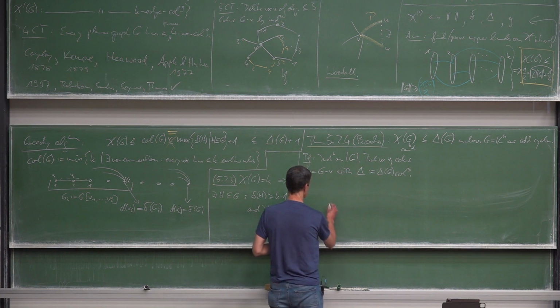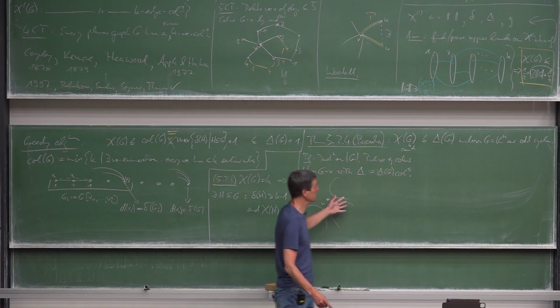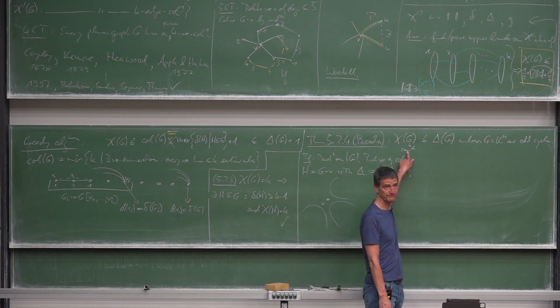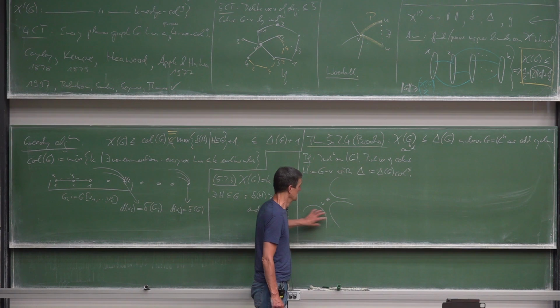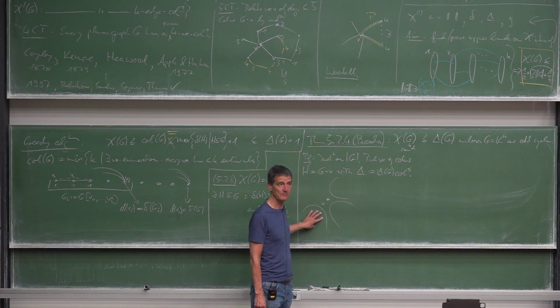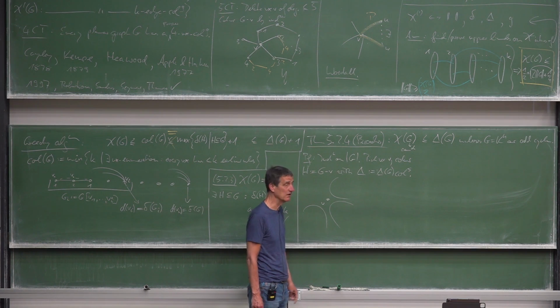So when we have v and we delete it, for a start, the rest might not be connected. Okay, that's not so bad. If we can color all the components with delta colors, then the union of these colorings is a coloring of H, which is G minus v.